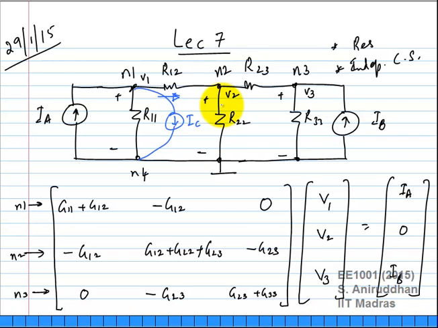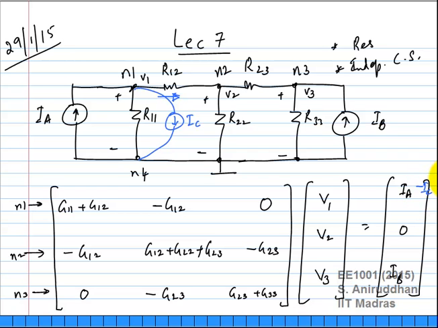What should change is the source vector on the right hand side, okay. So what does IA represent? This term, row 1, should represent the sum of all independent currents entering that node, because this is on the right hand side of the equation. In the original case that was just IA, now it is IA minus IC.